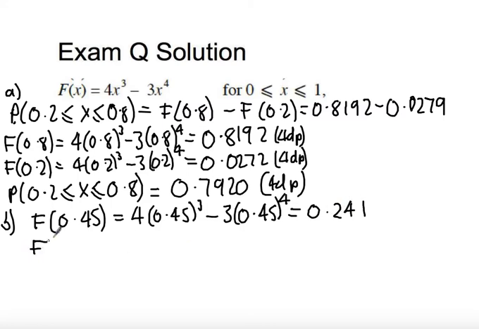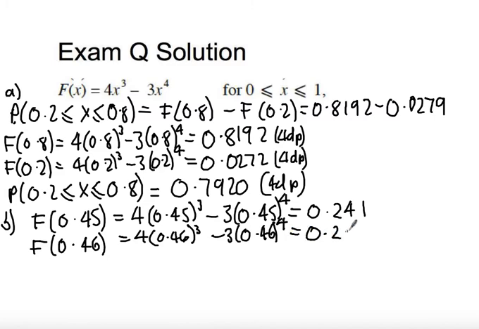Let's do the same for F of 0.46 now. So we get 4 times 0.46 cubed minus 3 times 0.46 to the power of 4. Type this into your calculator and evaluate it carefully.